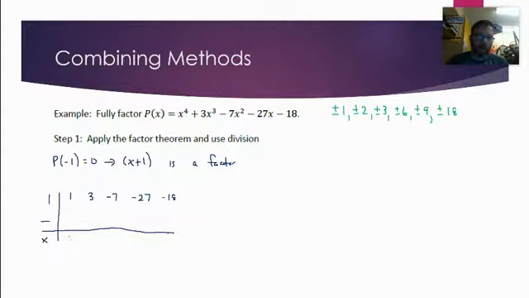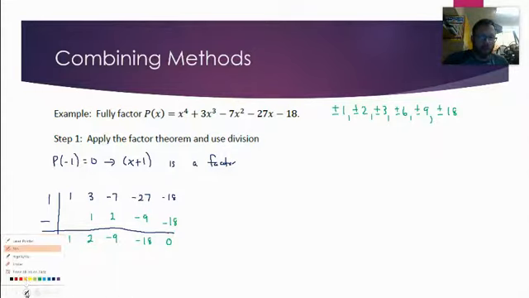Bring down the 1. 1 times 1 is 1. 3 minus 1 is 2. 1 times 2 is 2. -7 minus 2 is -9. 1 times -9 is -9. -27 take away -9 is -18. Multiply, and I subtract those, I get 0. A self-check. We knew we had to get a remainder of 0.